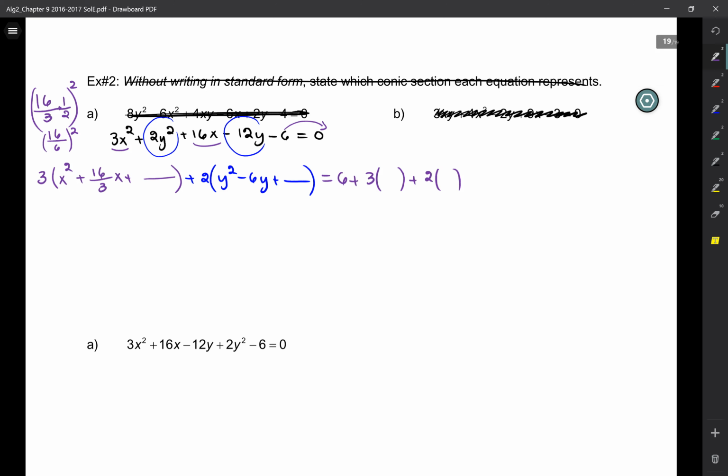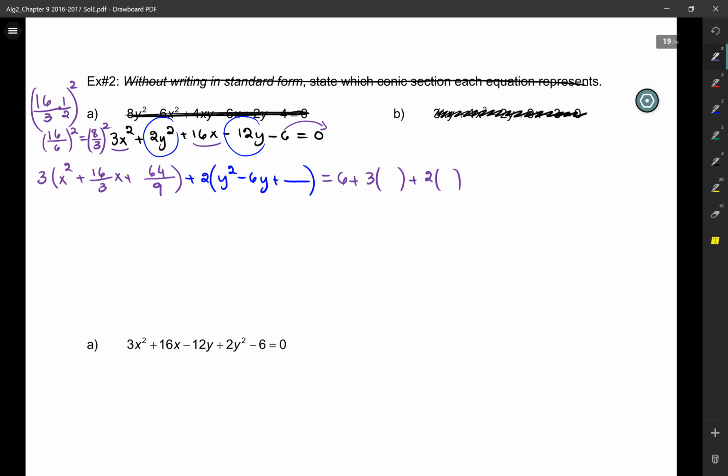So this is 16 over 6, which is 8 over 3, squared gives you what? 16 over 6 is 8 over 3 squared, which is 64 over 9. Oh, I'm sorry, 64 over 9. Sorry. Okay.